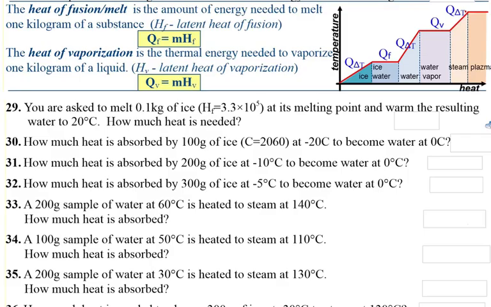So this is how you would use the heat of fusion and heat of vapor when the state of matter is changing. Otherwise, every time you have a change of temperature, you use the old formula MC delta T.